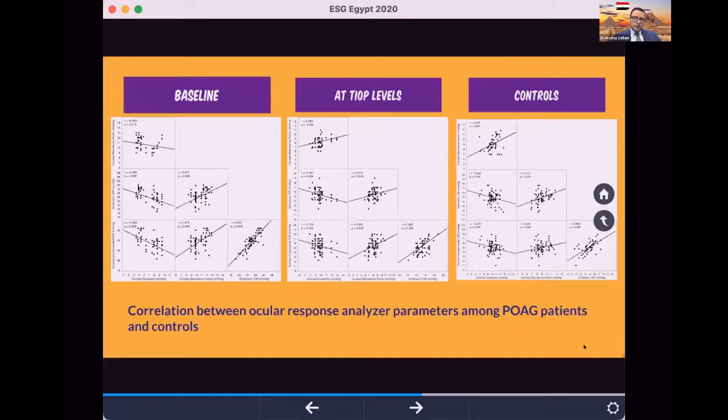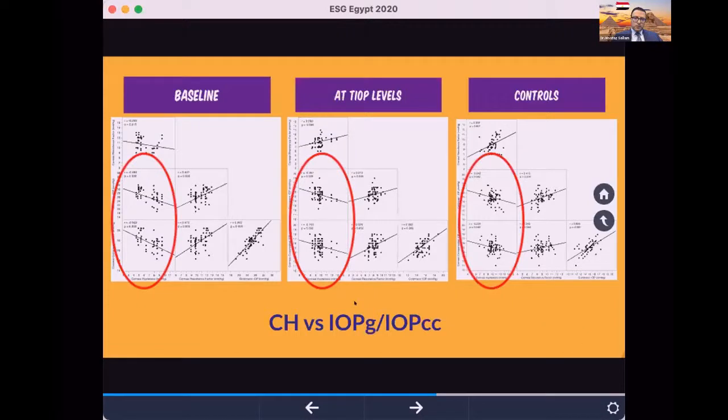These scatter plots describe the correlation of corneal hysteresis and corneal resistance factor with intraocular pressure. We find that corneal hysteresis, all over the time, either at baseline, after treatment, or even in our control patients, is negatively correlated with changes in intraocular pressure, either Goldmann or corneal-compensated.